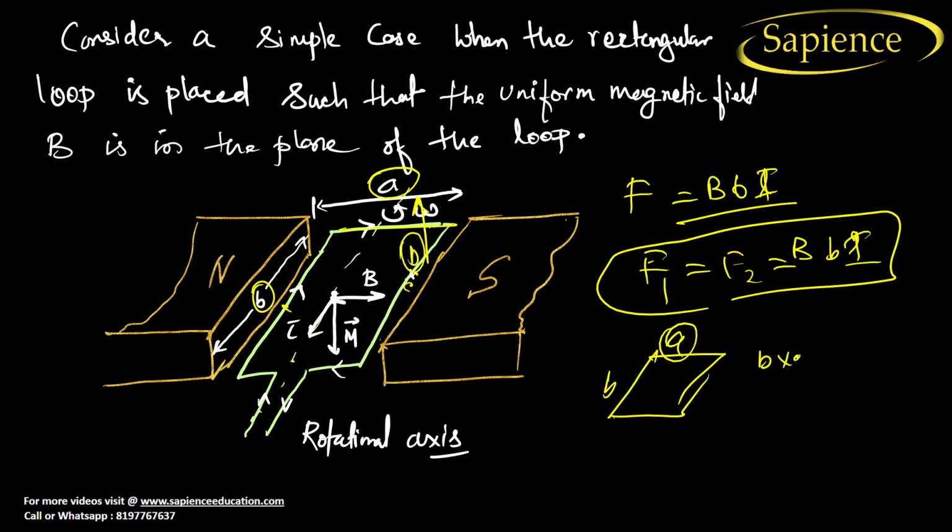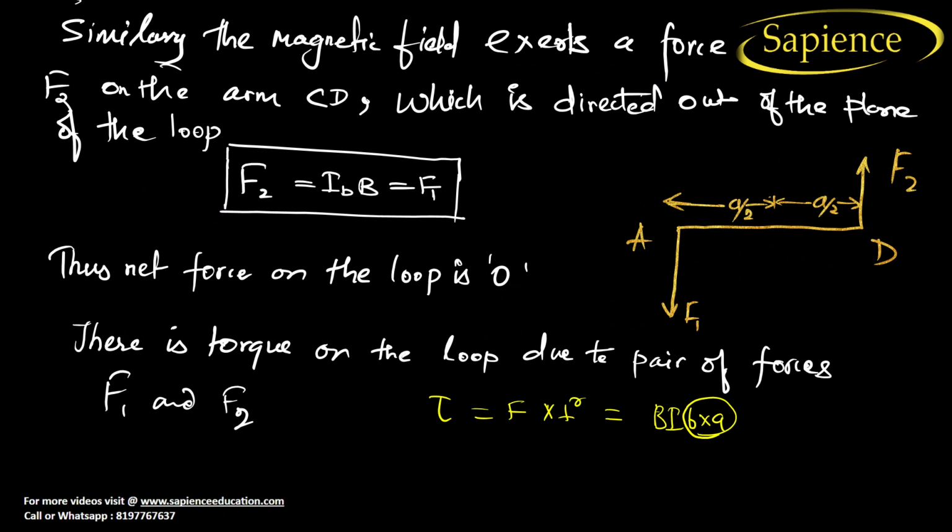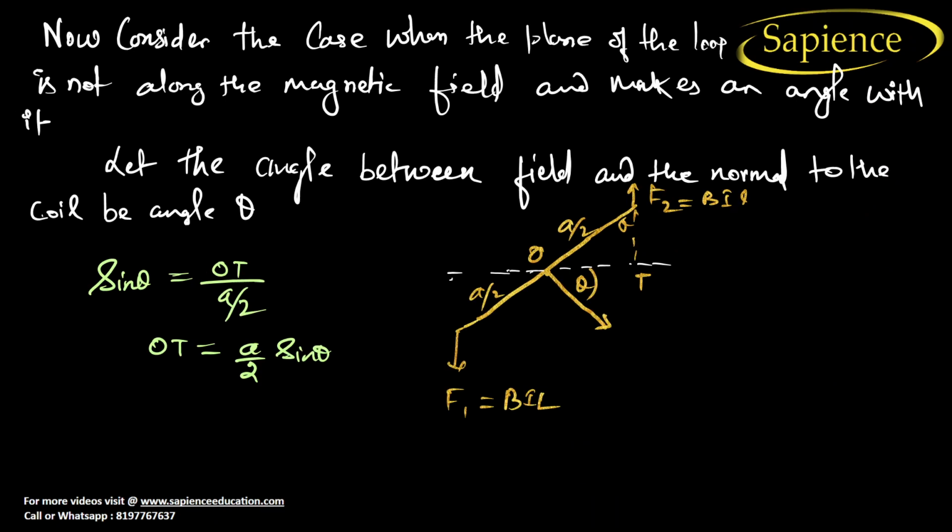So b into a will be the area of the coil. So you can directly put here, then the torque is equal to B I into A. So A is the area of the coil. I hope you have understood this is the area of the coil.